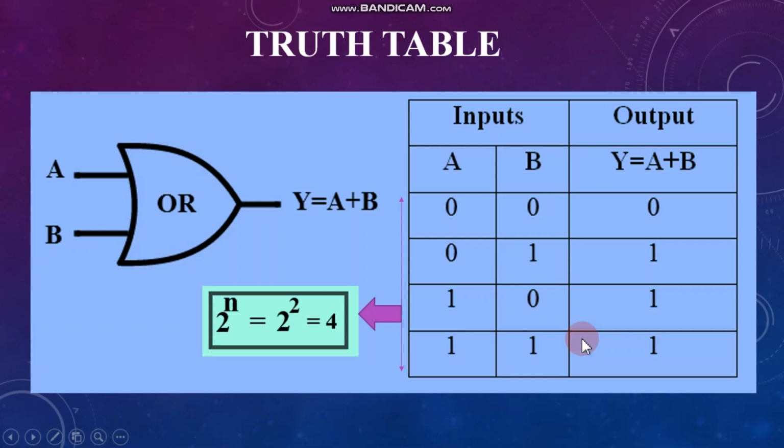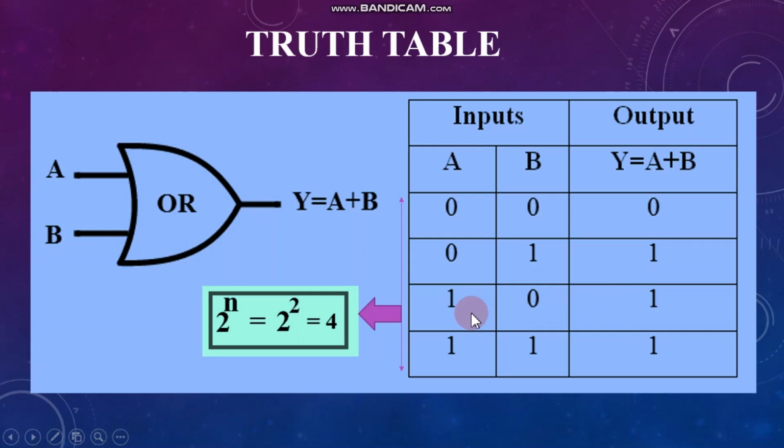Now as I said in the definition, the output of the OR gate will be high if both the inputs or any one of the inputs is at high logic level. See the first row. Both the inputs are low, hence the output is 0. See the second row, 0 1. A is 0, B is 1. Here B is 1, so the output is 1.